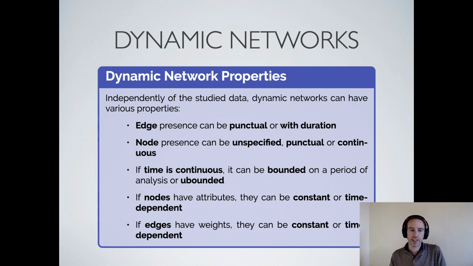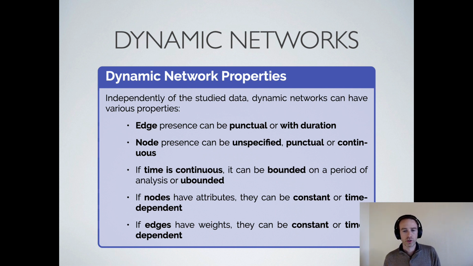So in this case, the presence of the node is unspecified. On the contrary, if you study the network of friendship on Facebook, you know if an account exists or not. So in this case, you will represent your node as a continuous interval presence.